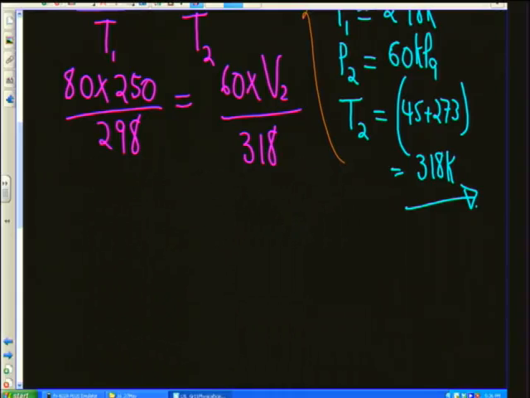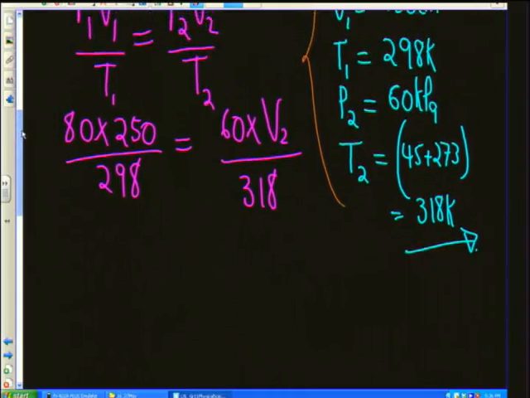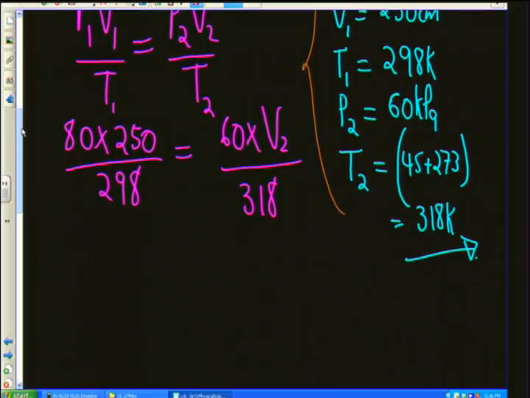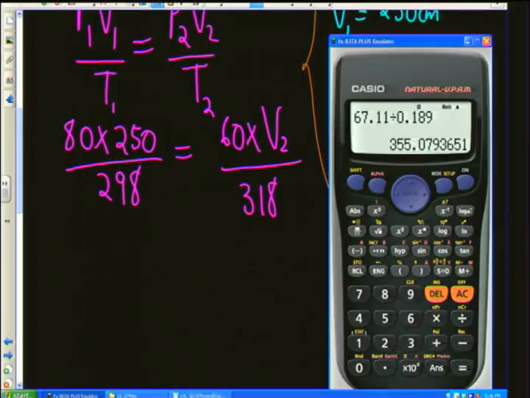Now, from there, it's 80 times 250, not 25, 250, divided by 298, and let me just ascertain that it is 67,11.